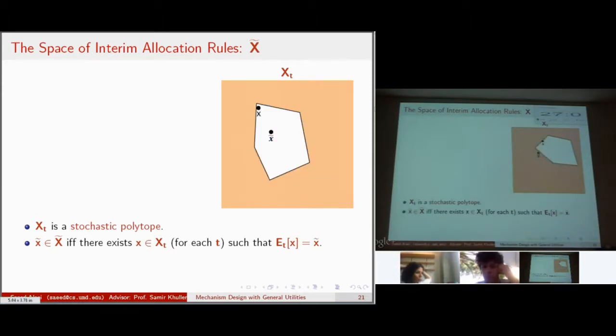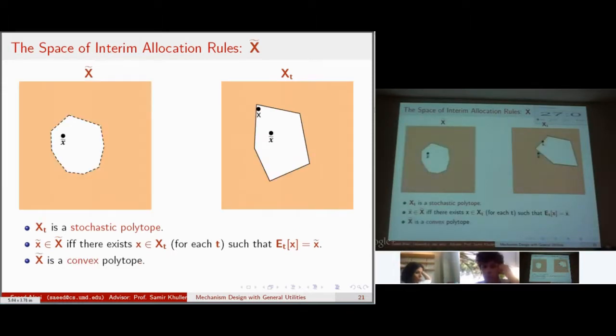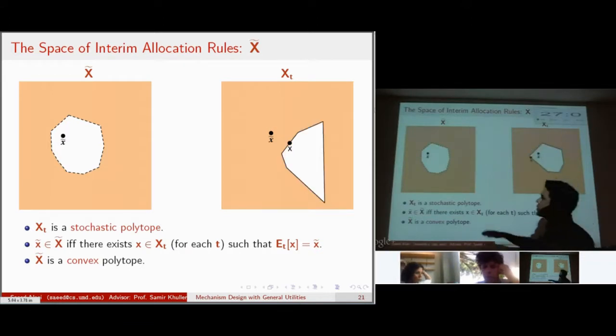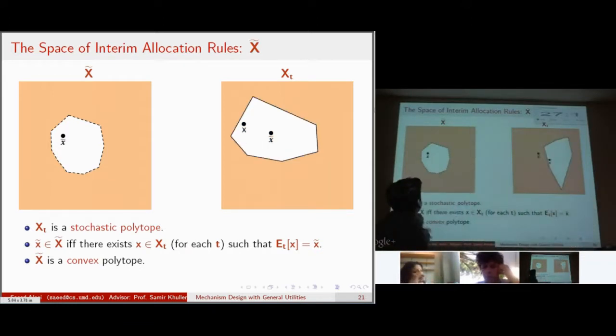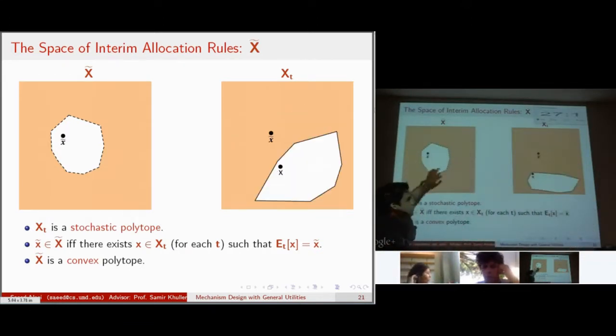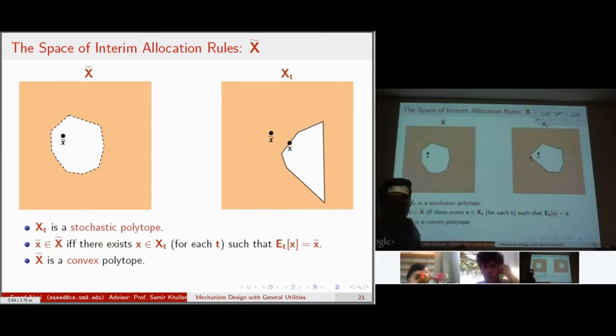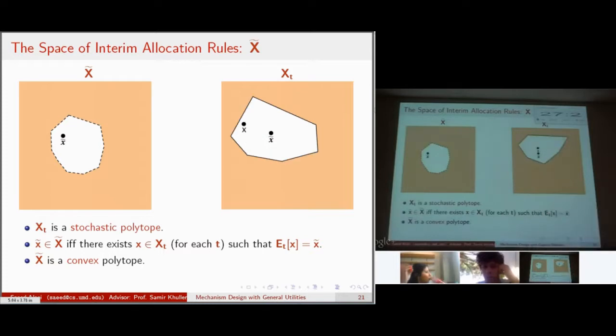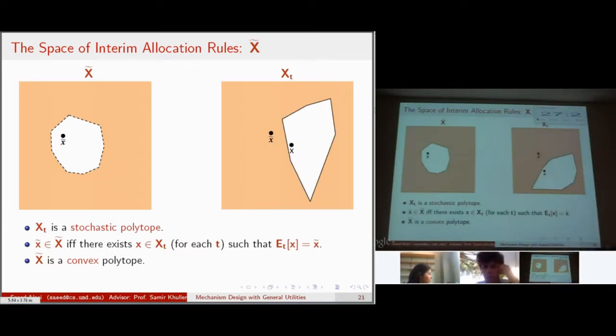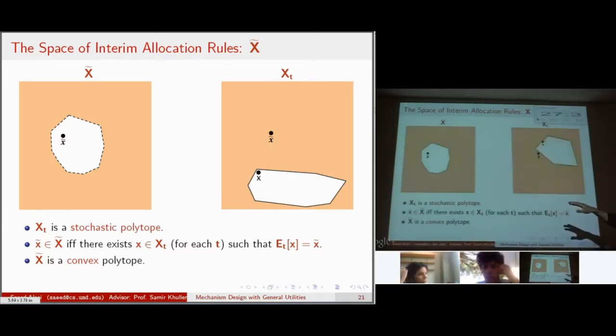And basically the space of all physical interim allocations will look something like this, where for every point X tilde, there is a way to select something from each of those polytopes to get that point in expectation. And do we know it is convex? It's easy to show that it is convex.